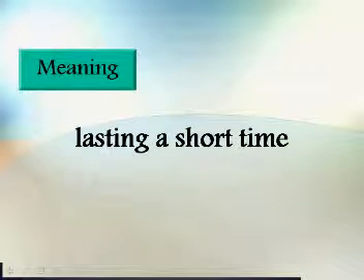It means something lasting for a short time only. So if you say short-term memory, it means that kind of memory in which you keep information only for a short time. Like we said last time, if you keep a telephone number in your memory only for a short time, maybe enough to dial a telephone number on your phone, and then you just lose it, you forget it. So this is a short-term memory.